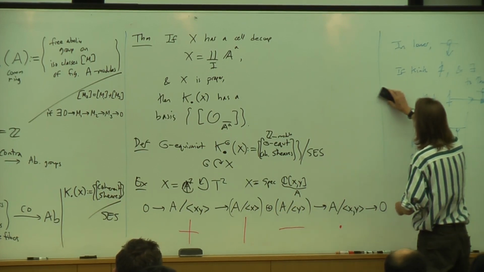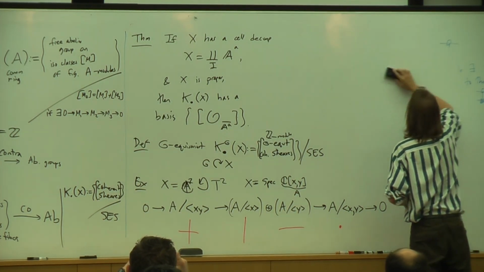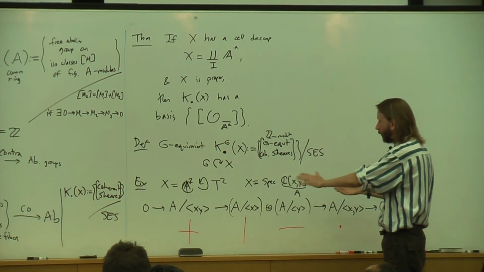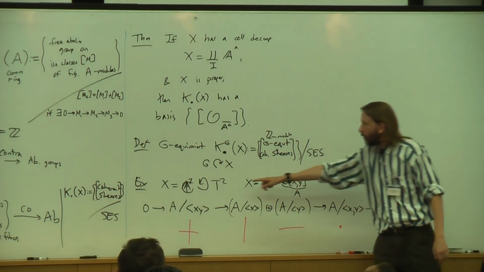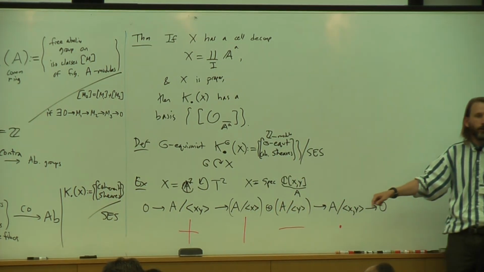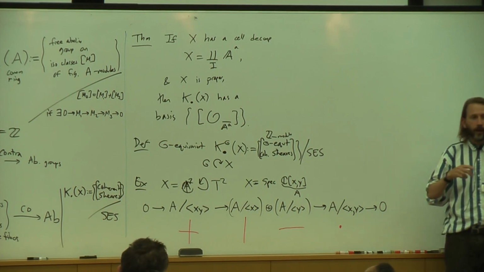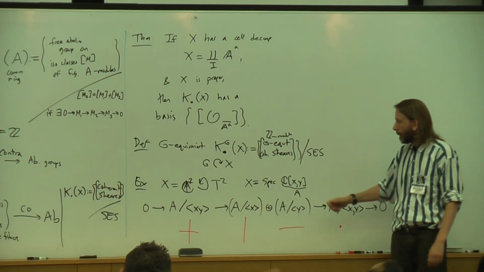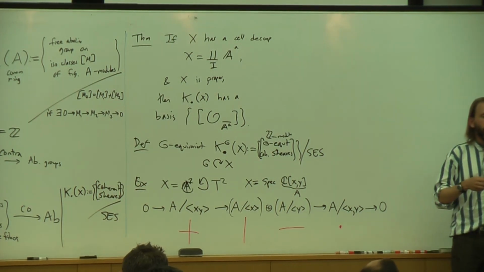And so the equation we get in K, so everybody here is not just a module over A, but is a bi-graded module. So the T2 action here corresponds to the fact that this is a bi-graded ring. You can talk about the monomial x to the a, y to the b as having degree a comma b, and that's the bi-grading. And these are all bi-graded modules. I modded out bi-homogeneous ideals.